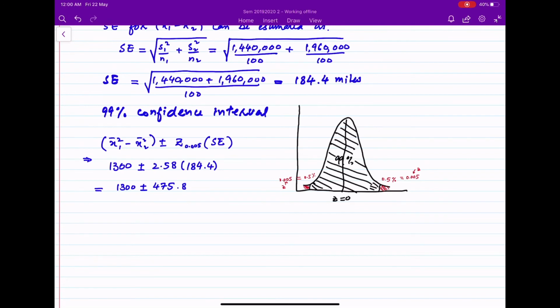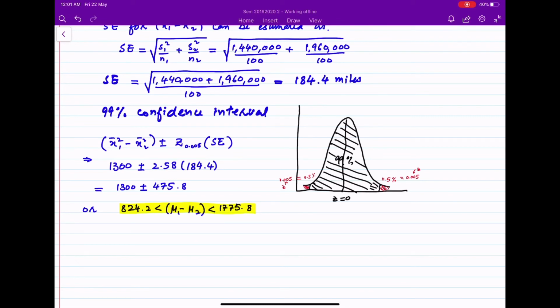So our confidence interval will become 1300 minus 475.8, which is 824.2, and 475.8 plus 1300 is 1775.8. So this is our 99% confidence interval for the difference of population means.